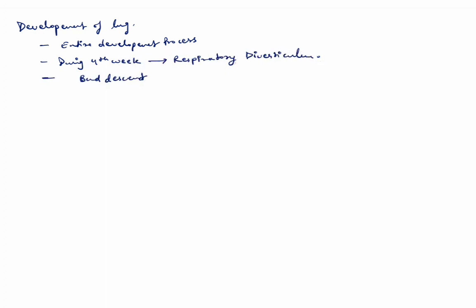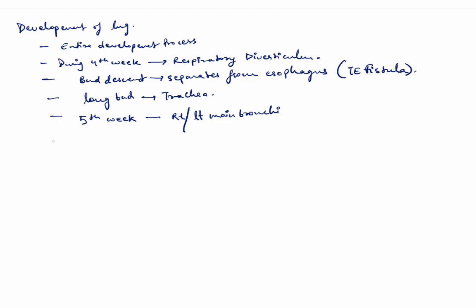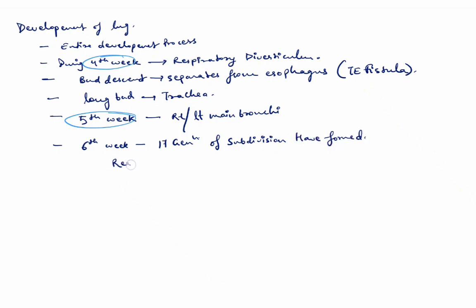Now if we talk about development of lungs, then the entire development process of the lung starts during the 4th week, when the respiratory diverticulum is formed and it descends, separates from the esophagus, otherwise a TE fistula forms. The long bud of this descent is converted into trachea, and at the 5th week right and left main bronchi. At the 6th week 17th generation of divisions have formed, and the rest forms during the postnatal period.